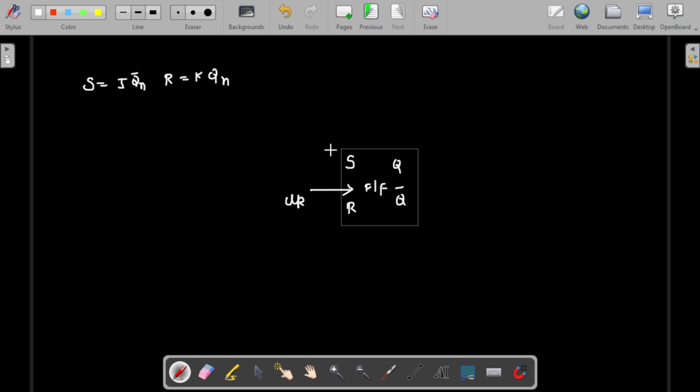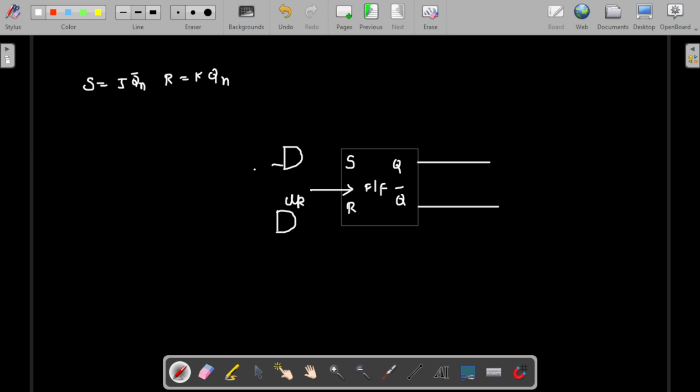For this, it is a simple thing. Here we are taking the output. Here we need an AND gate, because we are multiplying two things.